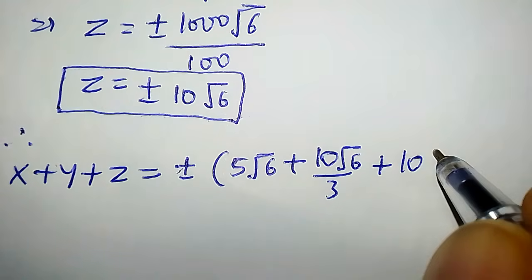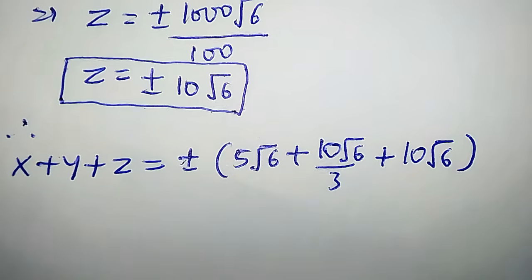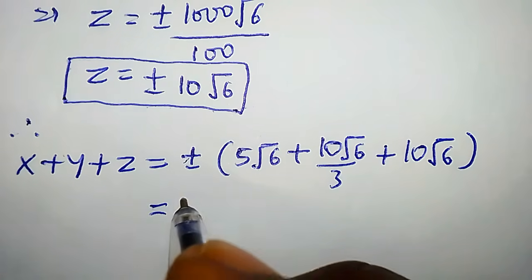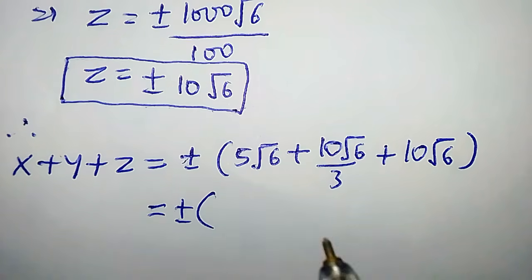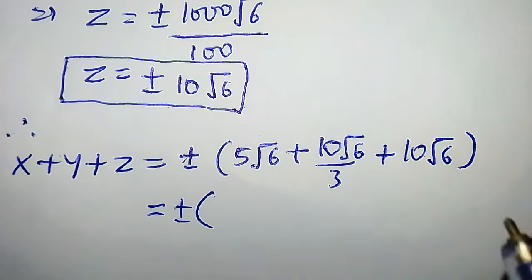So we have 10 root 6. Close the bracket. This equals plus or minus into 5 root 6 plus 10 root 6 over 3 plus 10 root 6.